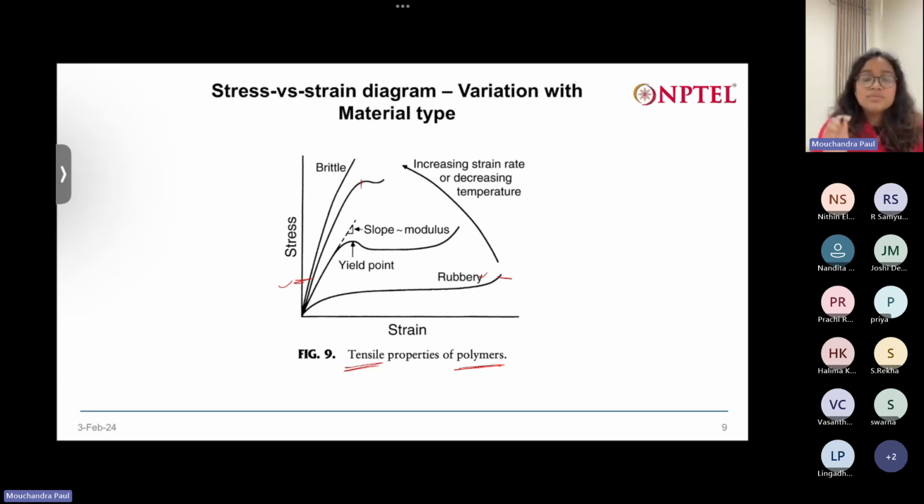Okay, so all these critical points that I told you will help you understand which class of material it is from the stress and strain diagram.